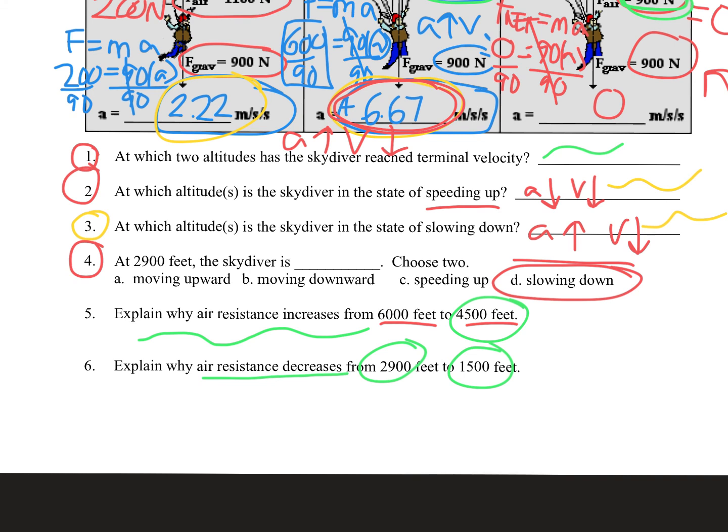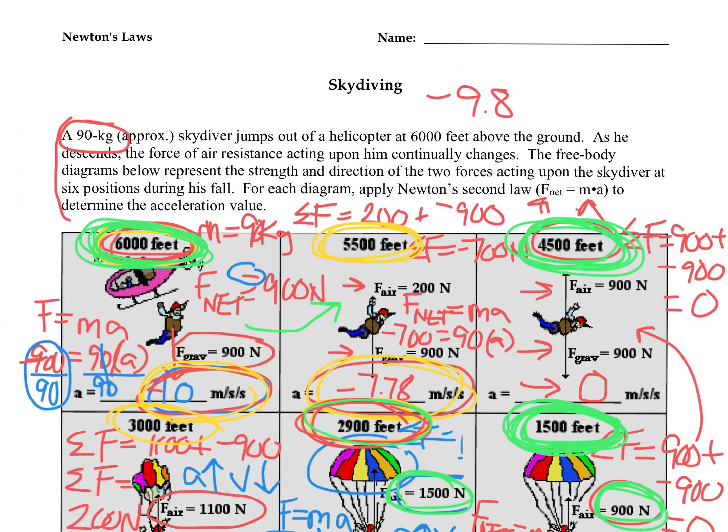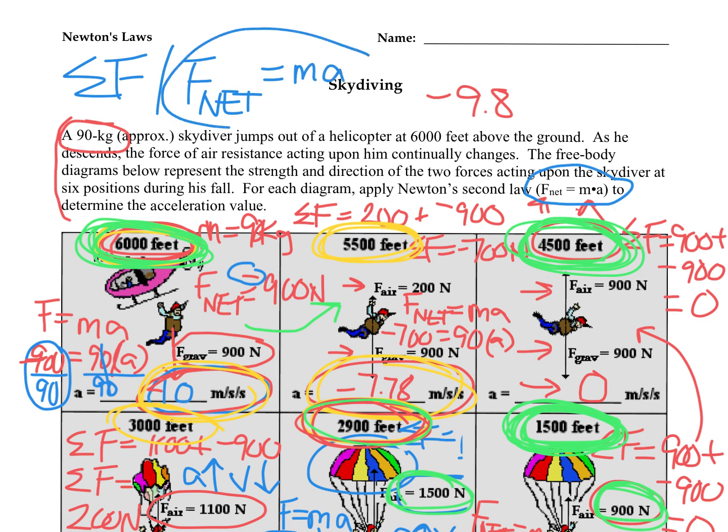All right. So physics fam, man, we went through a lot here, but this was highlighting Newton's second law. The idea that you have to have a net force, and remember, net force is either sigma F or F net, but you have to have a net force in order to have acceleration. So that's why this equation, net force equals mass times acceleration, works.